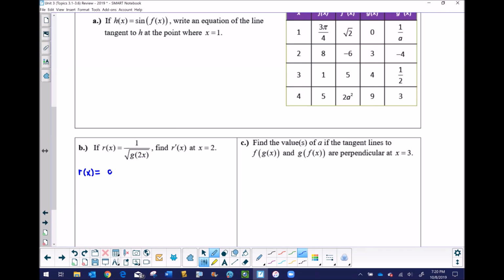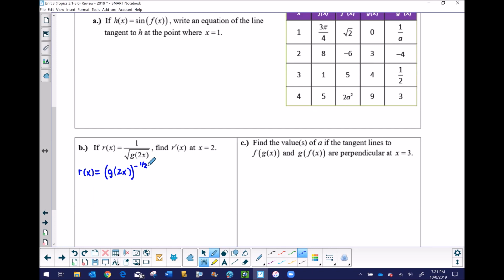Do you all see that you could rewrite the g of 2x, and instead of putting it in a square root, we could wrap it in parentheses and raise it to a fractional power? Because it's in the denominator, that power needs to be negative. And then, of course, the square root means the exponent would be a half, or a negative half, I should say. All right, so hopefully that sits well with you.